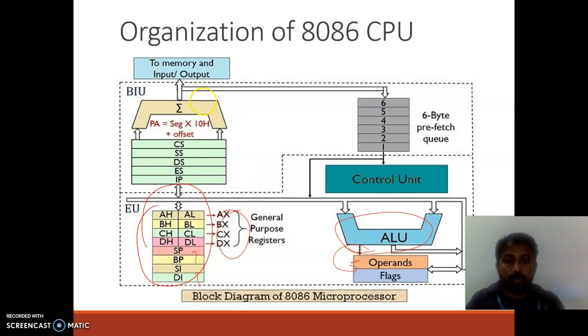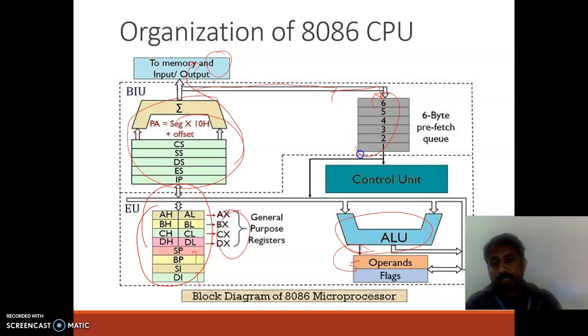Then there are the segment registers. With the help of the segment registers, we are able to locate different memory segments and the data. Once the data is collected, it is sent to the instruction queue.